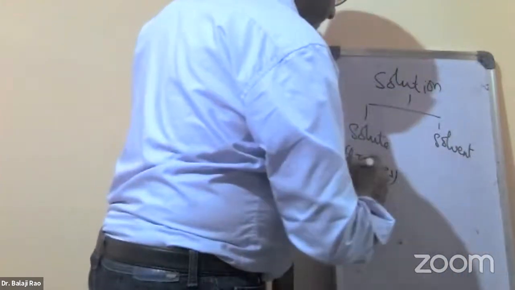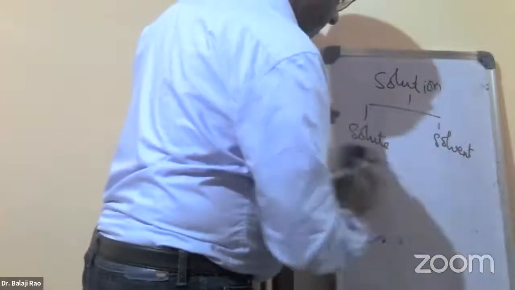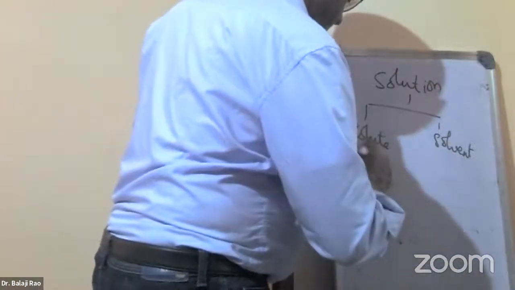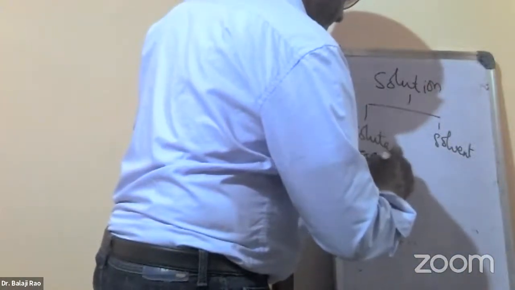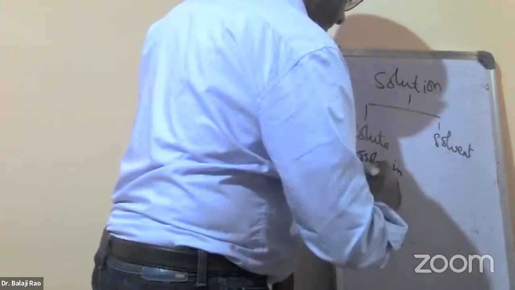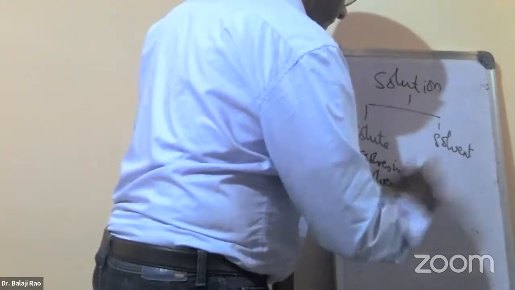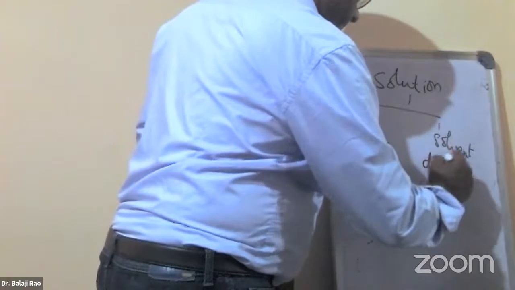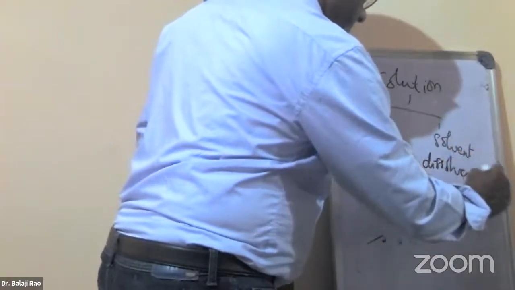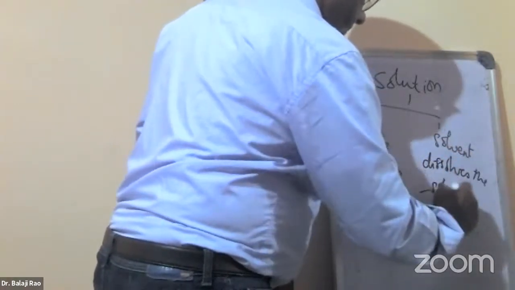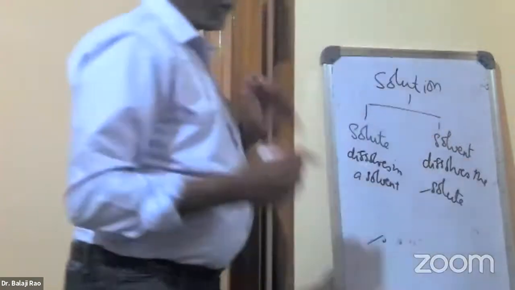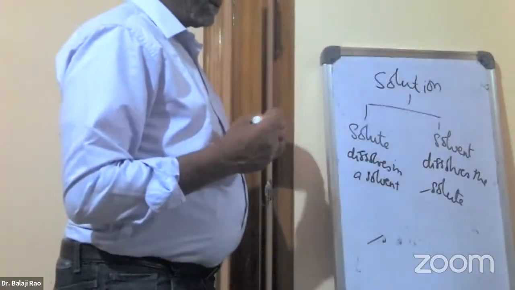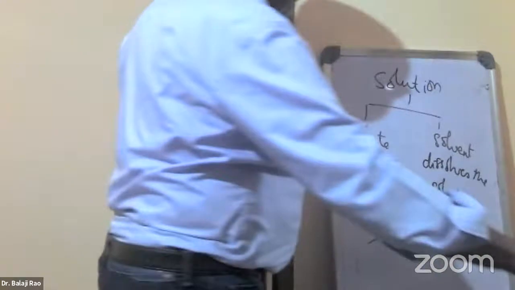This dissolves in the solvent. Okay, we'll put it like this. Solute dissolves in a solvent. Solvent dissolves the solute. What do we mean by this statement?